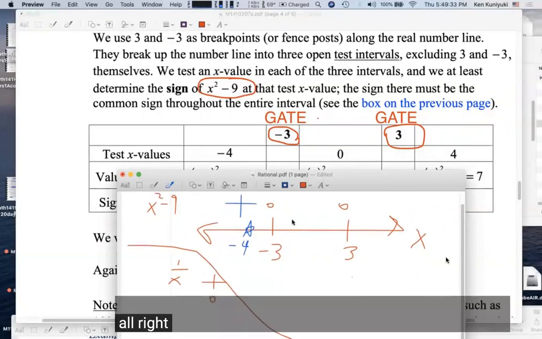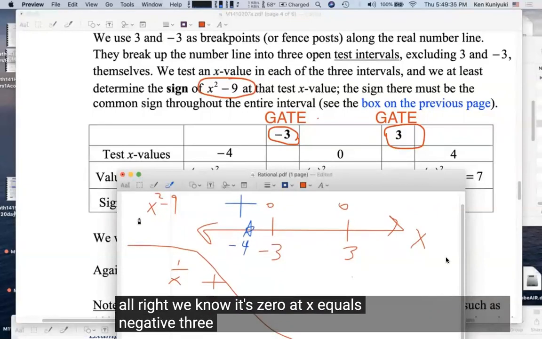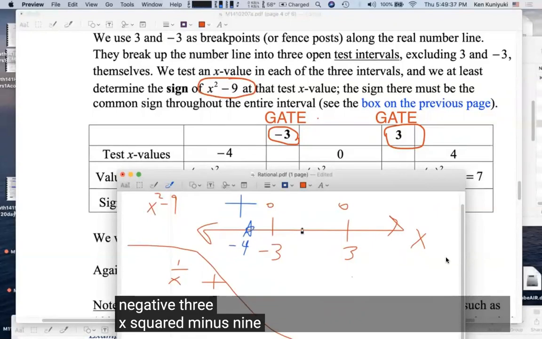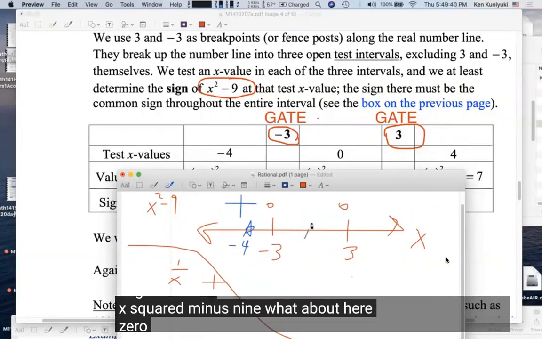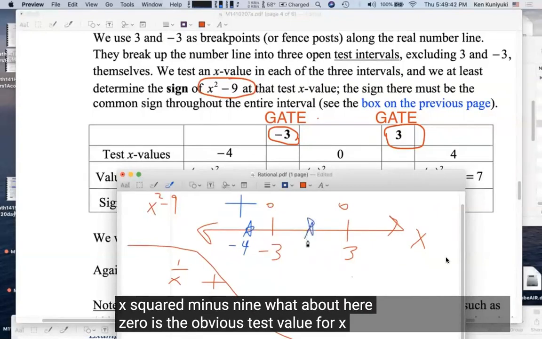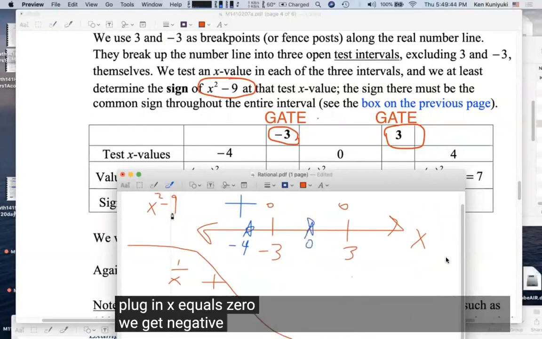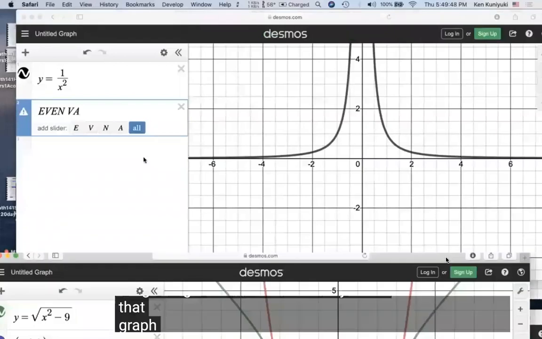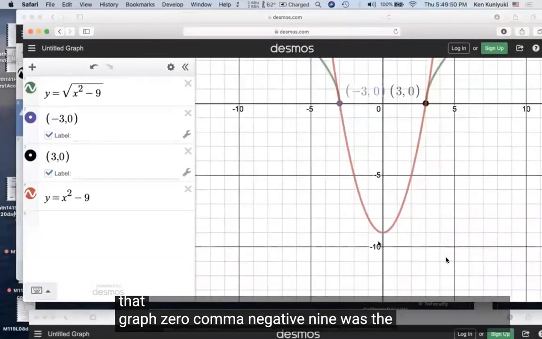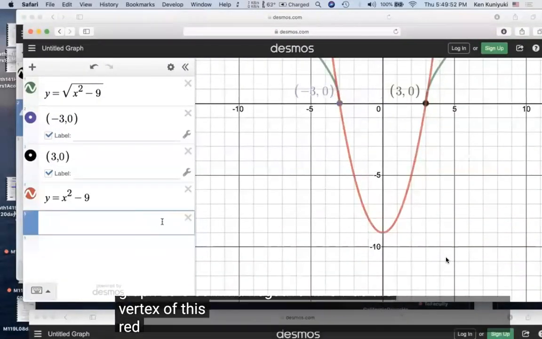All right. We know it's 0 at x equals -3, x squared minus 9. What about here? 0 is the obvious test value for x. Plug in x equals 0, we get -9. That was why on that graph, (0, -9) was the vertex of this red parabola.